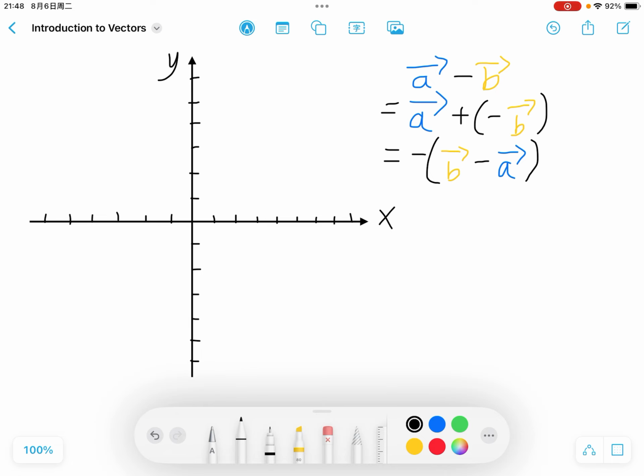I mean, it's obviously so simple to prove, right? If we expand the brackets, it's just vector A minus vector B. It just mathematically makes sense.